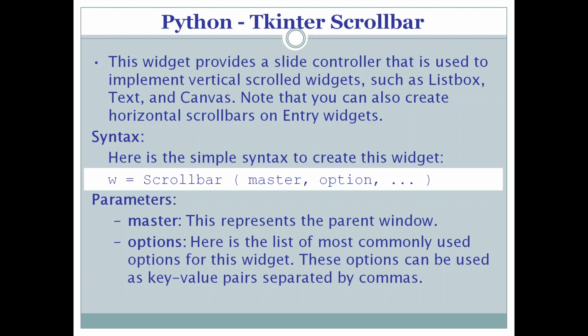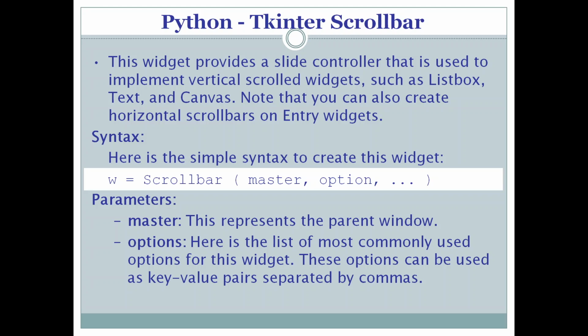You have seen certain applications which make use of the scroll bar widget, like your MS Office application. If you type some paragraphs in MS Office, you need to scroll down or scroll up to view the earlier paragraphs or earlier pages.